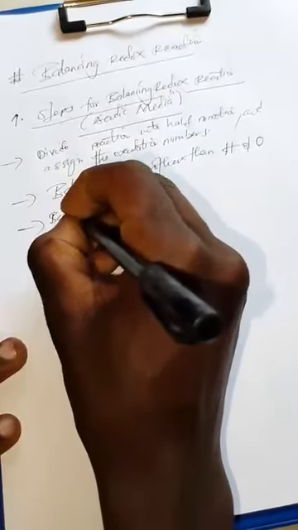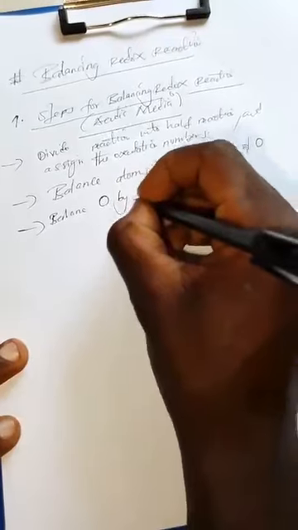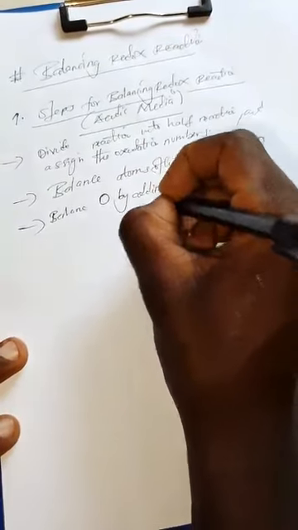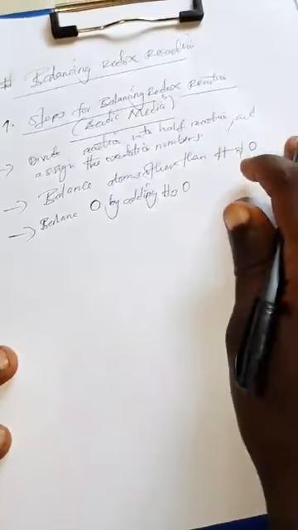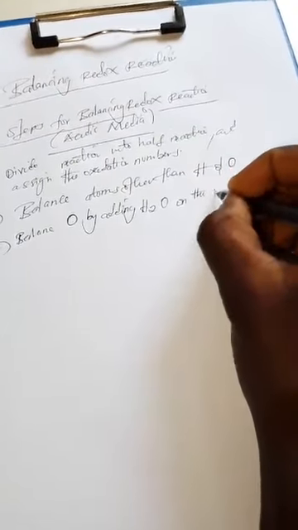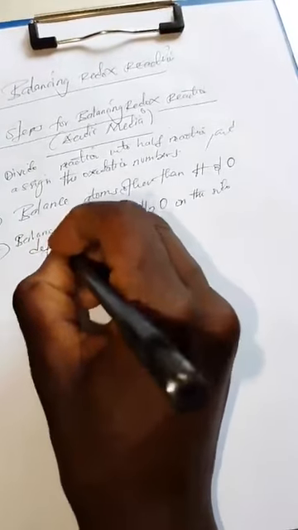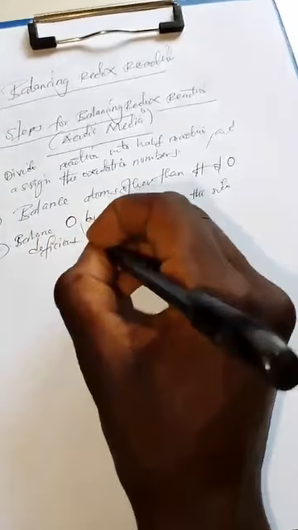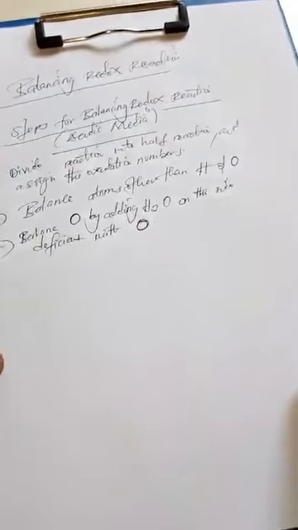Okay, so balance oxygen by adding H2O on the side deficient with oxygen.